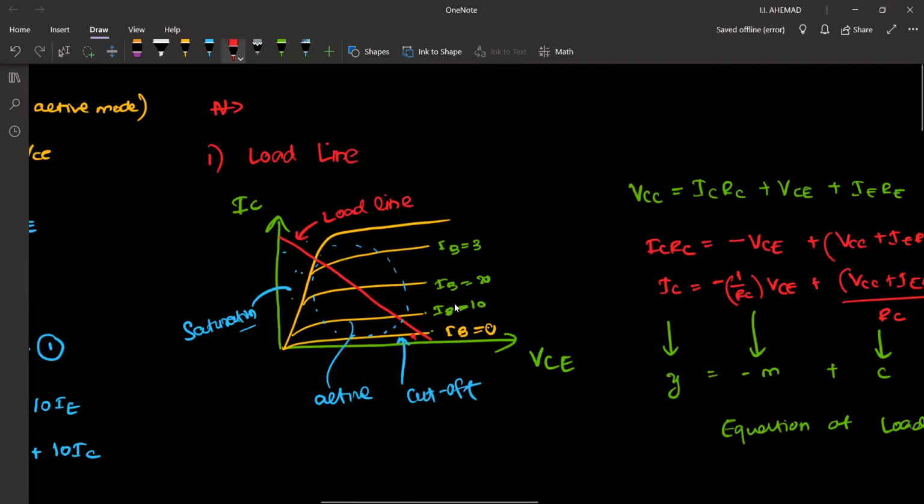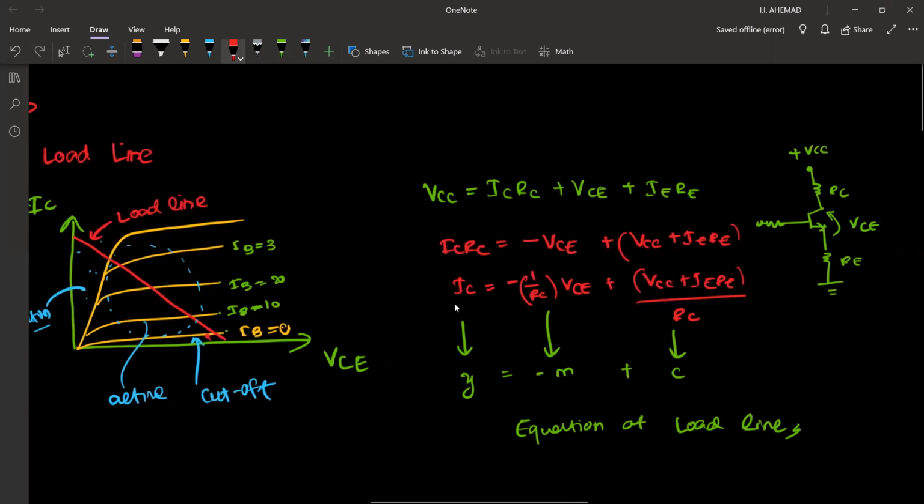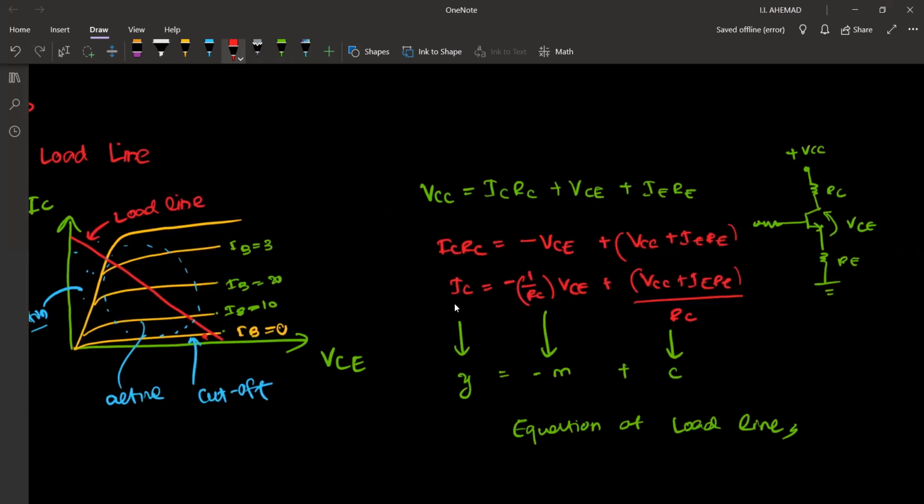Here, before introducing the AC signal, I am getting the idea of a DC current, for a DC IC current, how it will vary with VCE. Hope the idea is clear. Once you have copied, let me know.